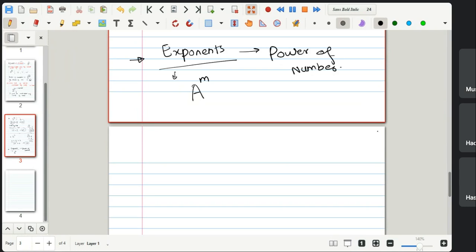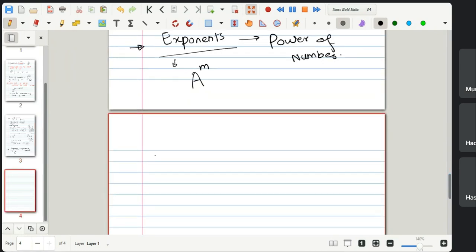Let me write it in a more mathematical form. In general, you can also take b, c, d, e, f, g, any letter in place of a. It's your choice, no problem. I am just randomly taking the alphabet. For generality, this is a, and we say that a is any number.